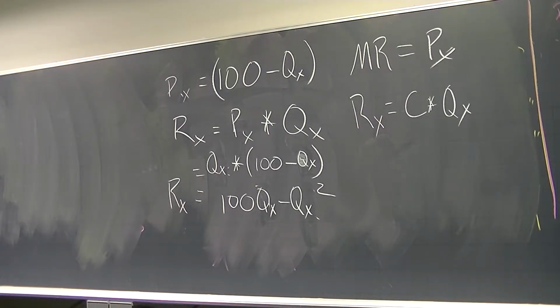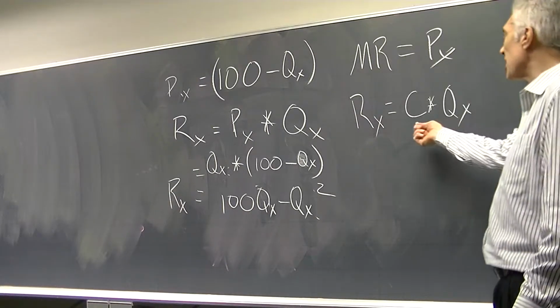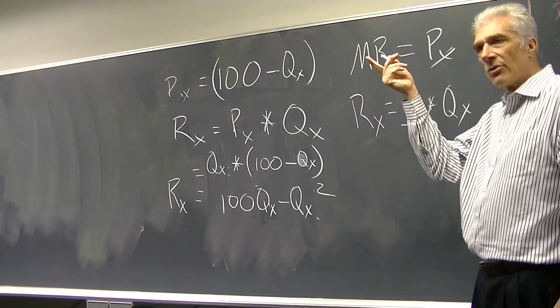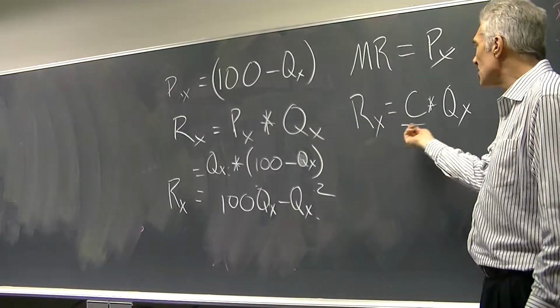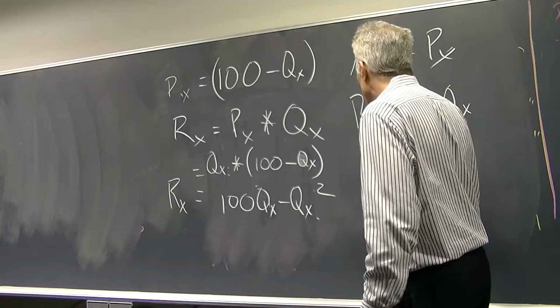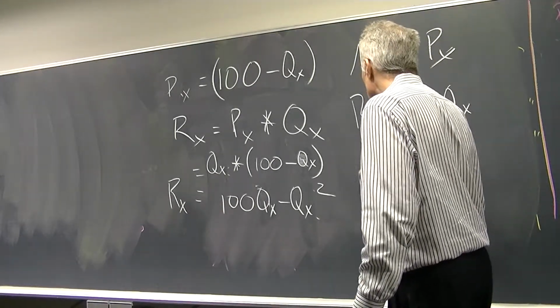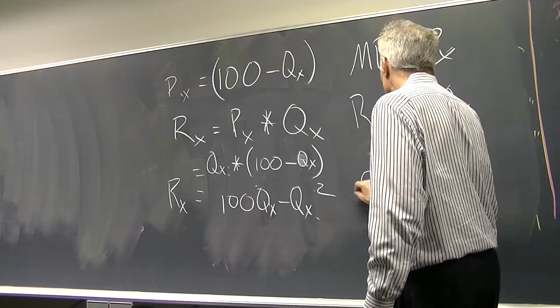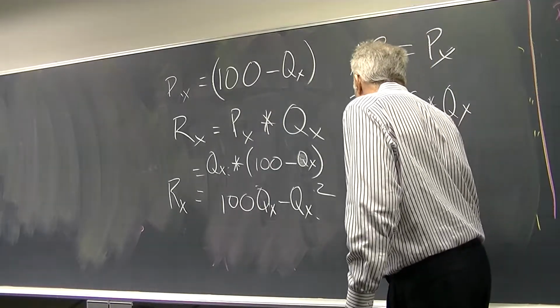It's a price taker, so it's a constant, whatever is out there. Since it's a constant, we take the derivative of the change in the revenue with the change in quantity.